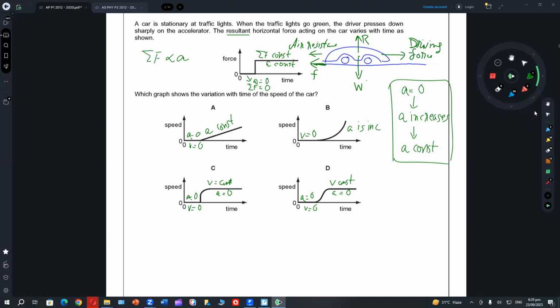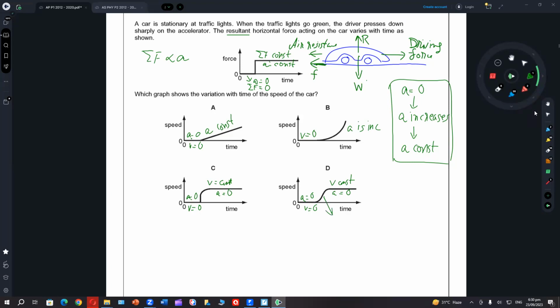D, sir? How D? Because acceleration is increasing. Acceleration increasing, no doubt. But what's happening in the end? Acceleration is 0, so V is constant. Not 0. In my target question, acceleration is constant.